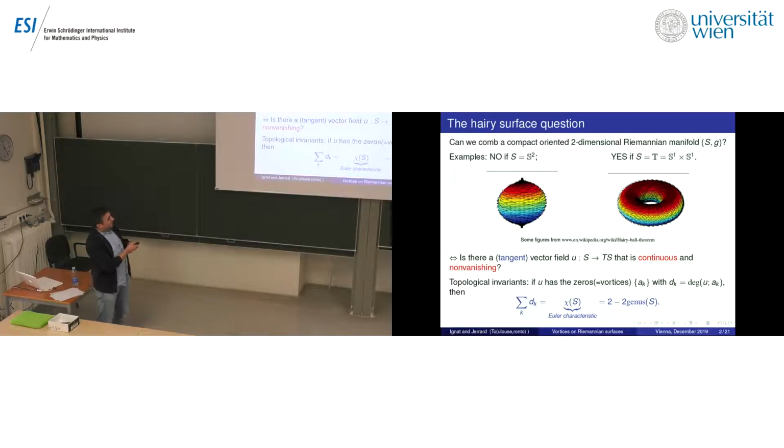On the torus, when you do this computation, you will get 0. Okay. So this number is given by the Euler characteristic.